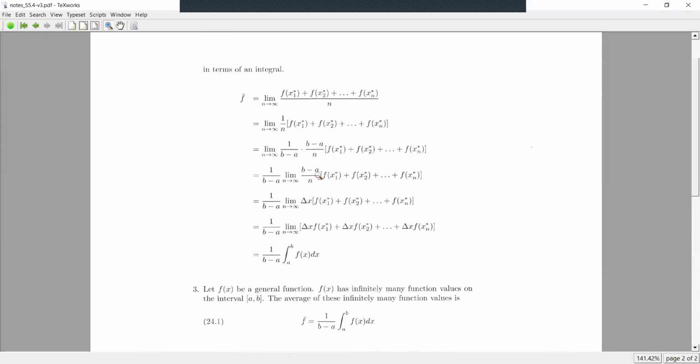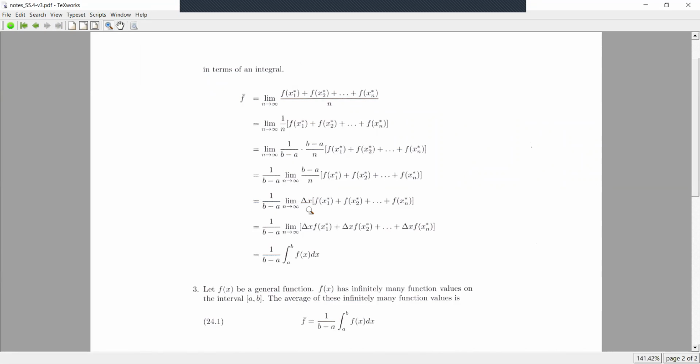What is b minus a divided by n? If we evenly cut the interval from a to b into n subintervals, then the length of each subinterval is b minus a divided by n. So we use delta x.